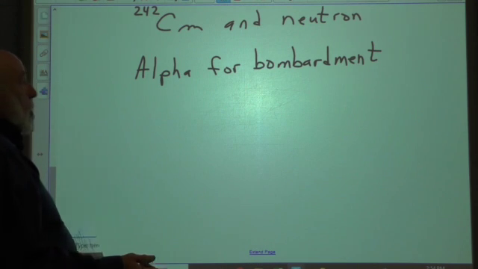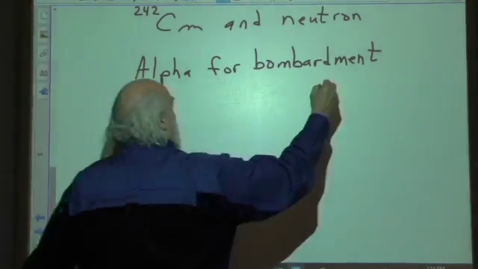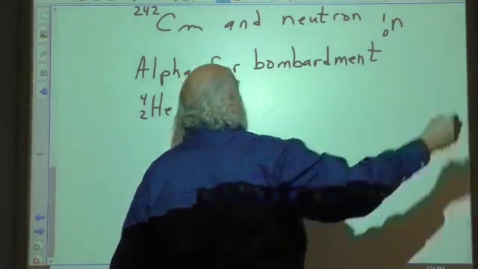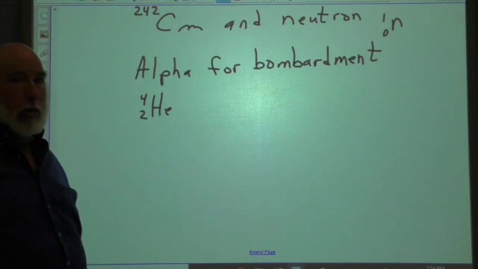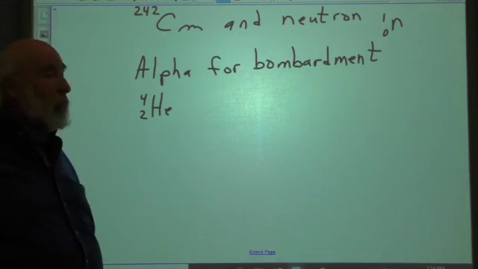Okay, so we know alpha is He-4-2, neutron is n-1-0, and so we just simply write an equation and then balance it and see what we will need in order to create this.